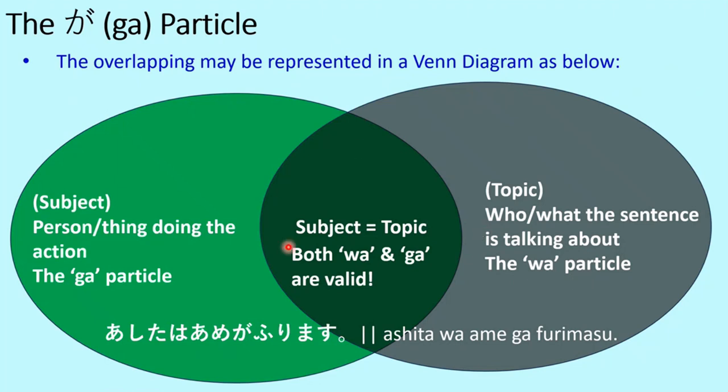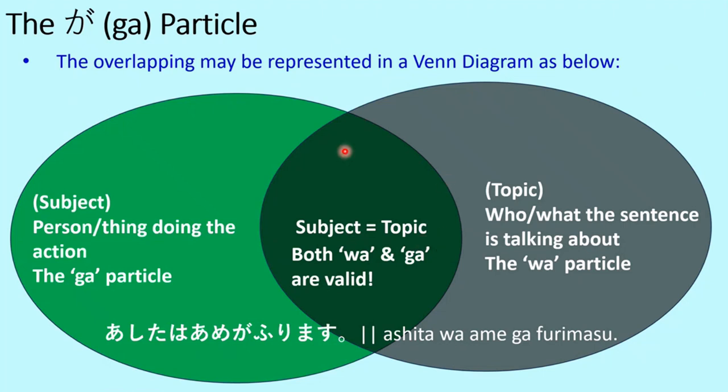And there is a common section in this Venn diagram where subject equals topic. That is, in that sentence, subject and topic are the same. For example, ame ga furimasu. If it is simply ame ga furimasu, topic is also ame, subject is also ame. So there both wa and ga are valid in that sentence.